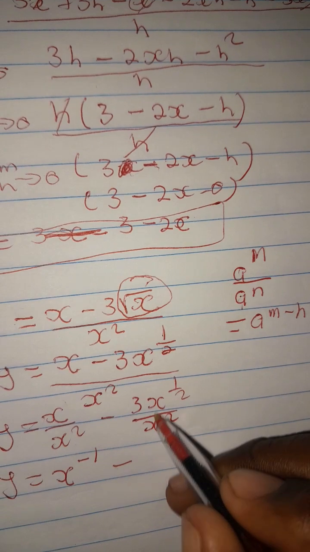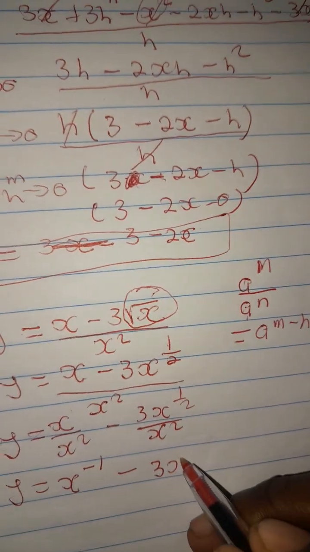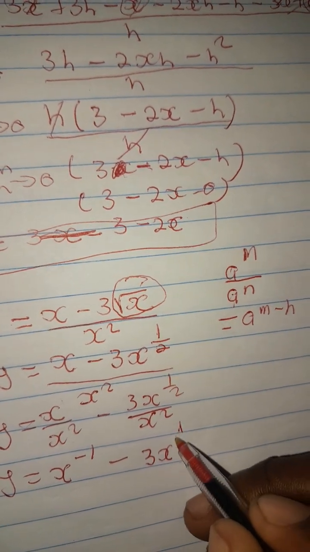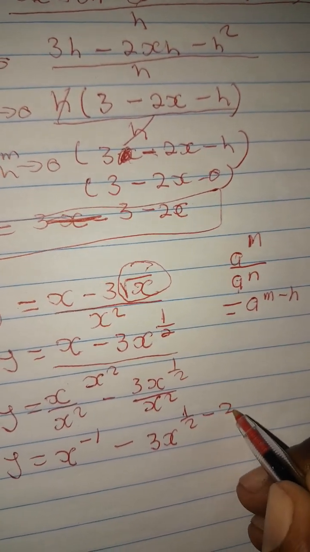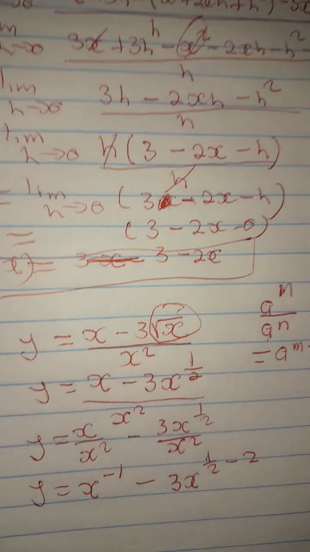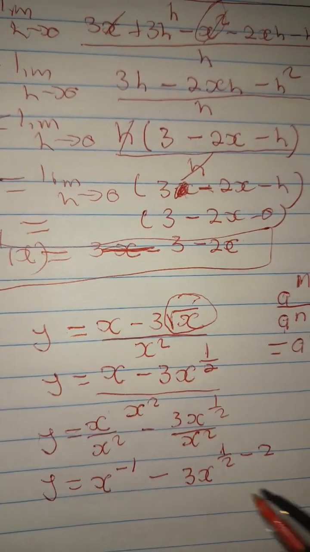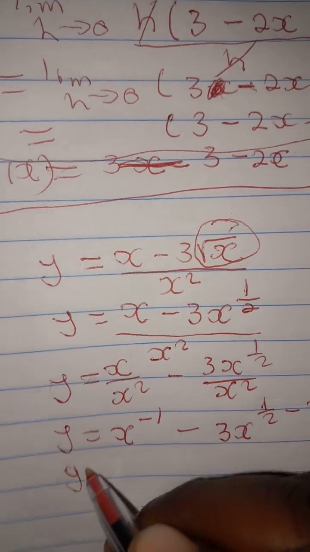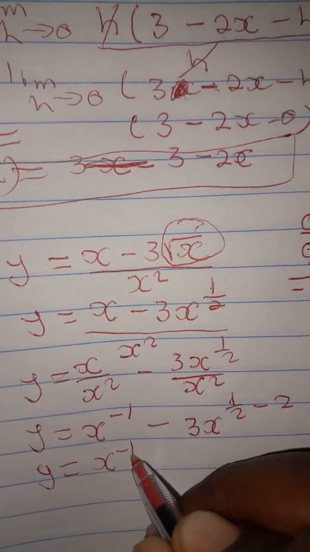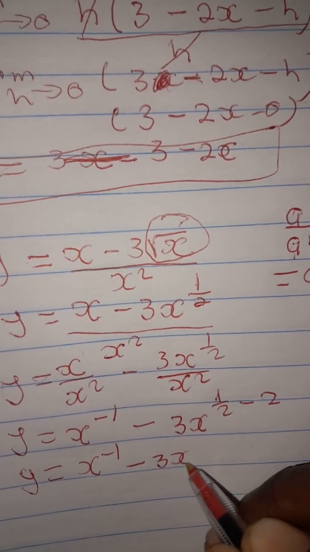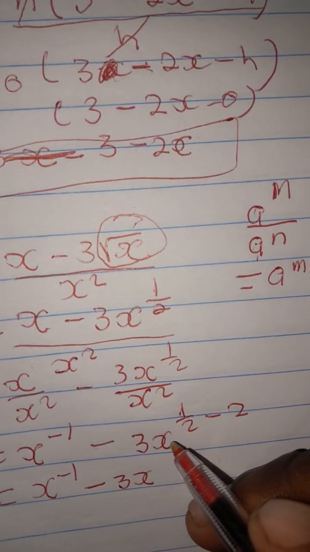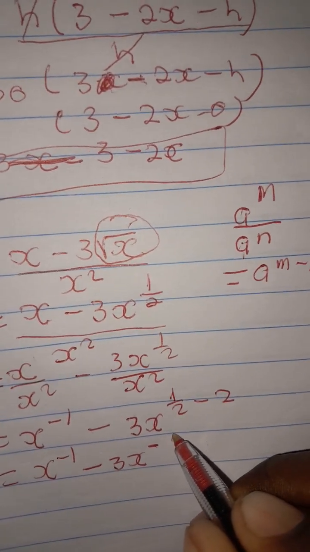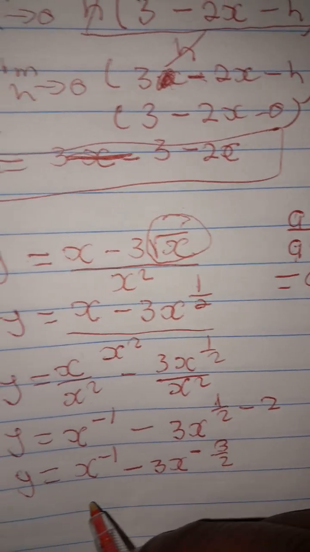We have 3 as well as half minus 2. So we are going to have x to the power of negative 1, minus 3x to the power of half minus 2, which is negative 3 all over 2.